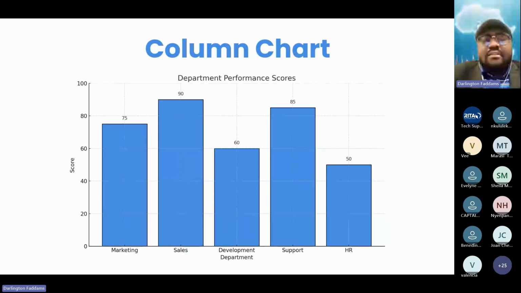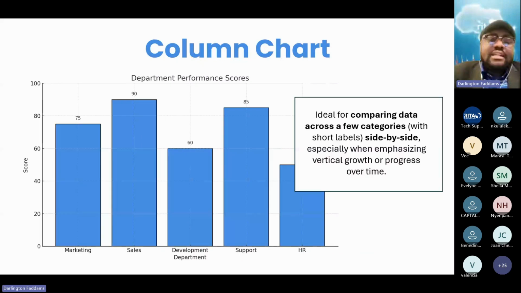Now, this particular column chart, from what we already learned, is ideal for comparing data across a few categories. You are comparing data across categories. So if you look at this picture, you can see that we are comparing departments in a company. These are called the categories.